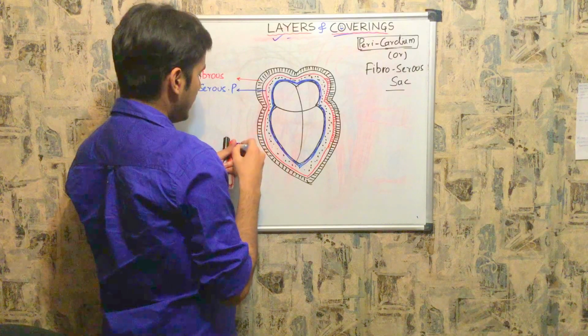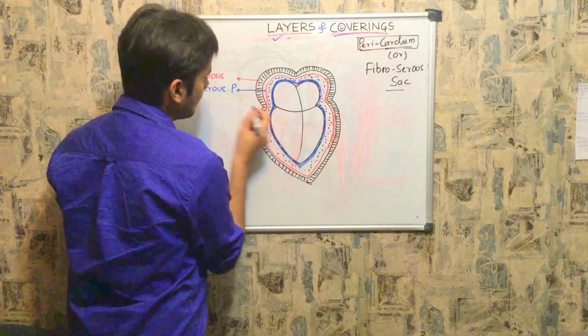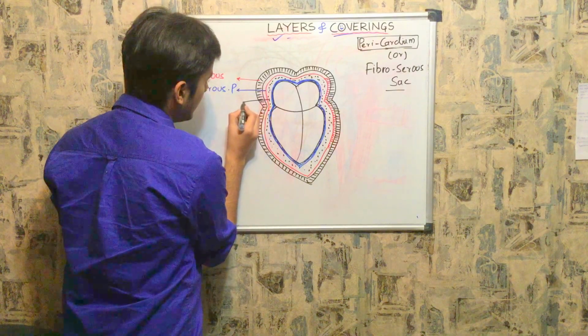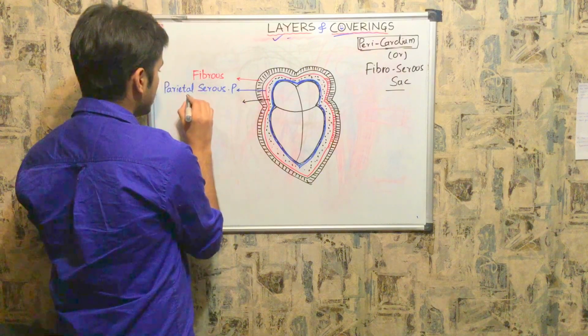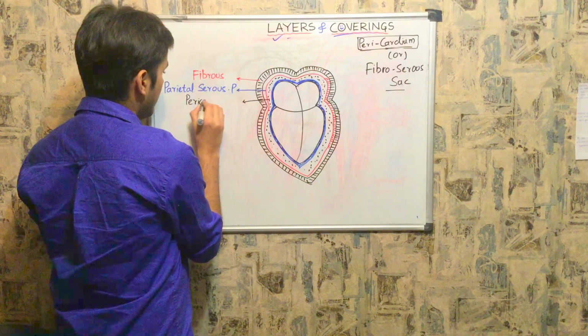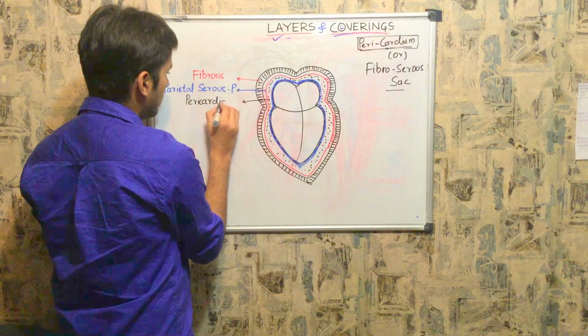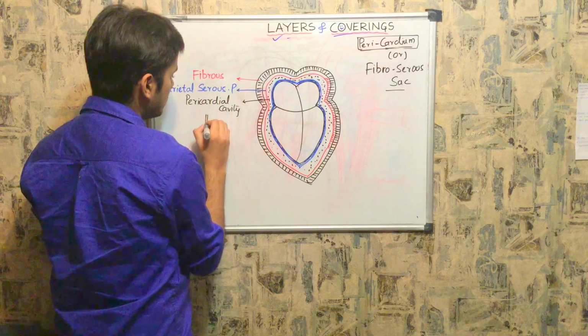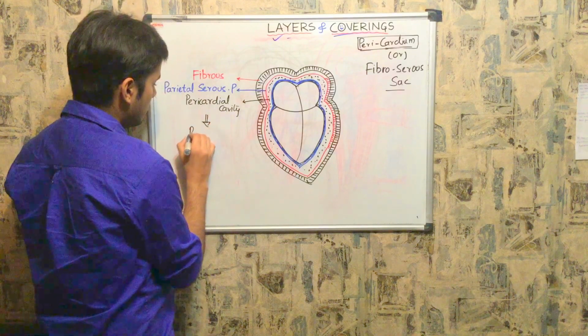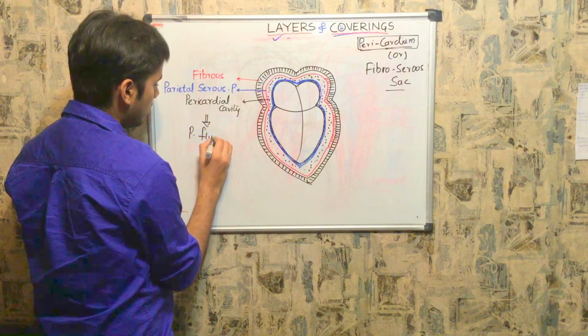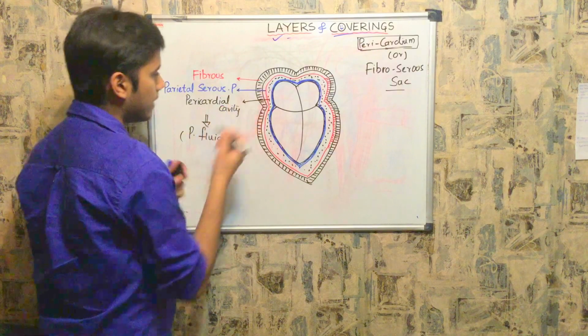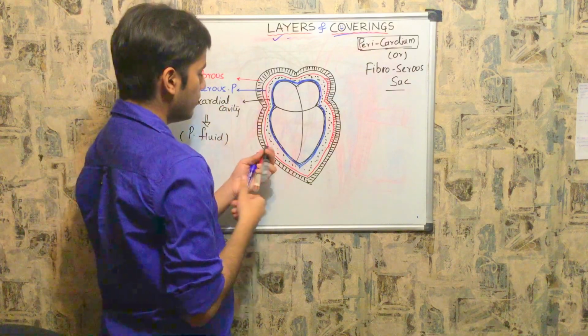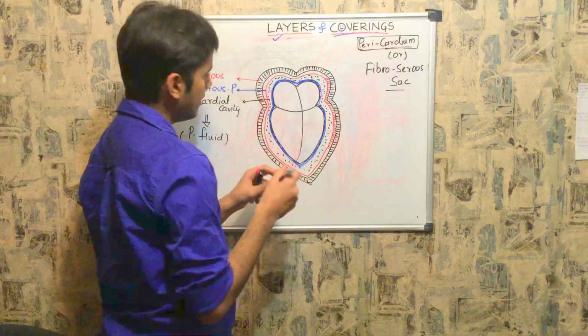Beneath that you have your pericardial cavity, which has pericardial fluid. The pericardial cavity has pericardial fluid, which is useful for lubrication and preventing the heart from shock.